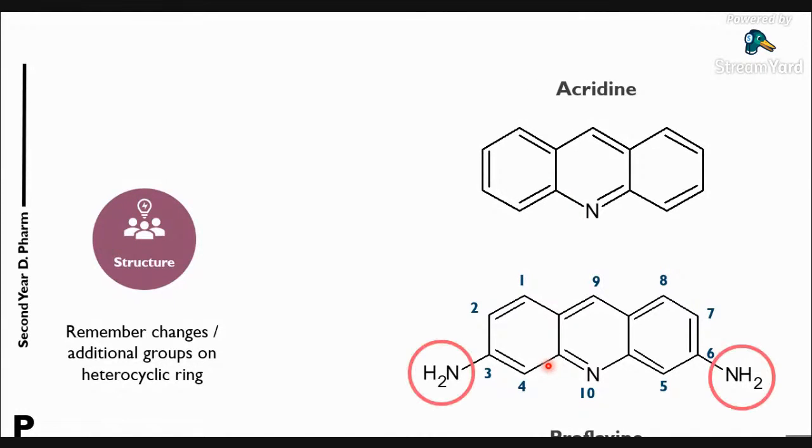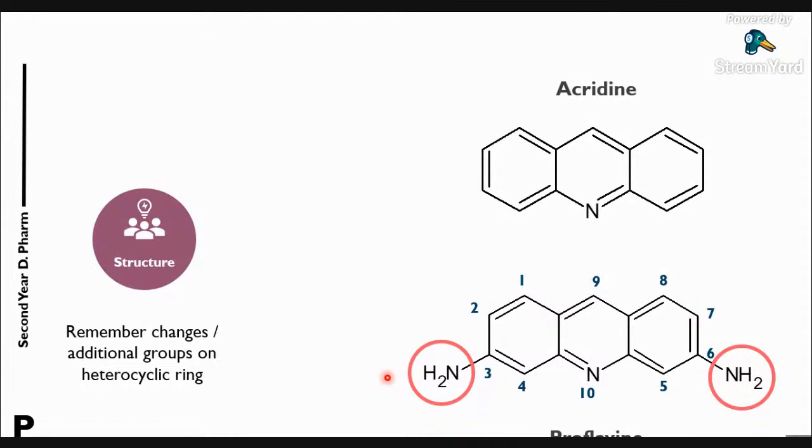If you observe these structures, you will find that 2 additional amino groups are attached. Additional 2 amino groups are attached onto the heterocyclic ring of acridine. So it will get converted to the structure of proflavin.